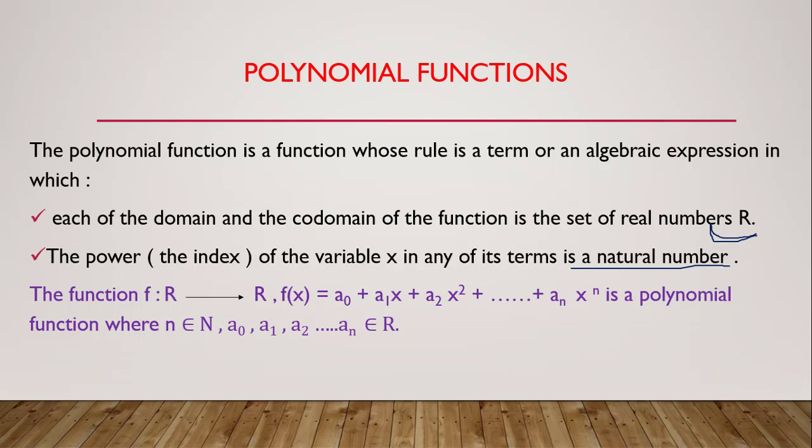We can write it in the form of a0 plus a1x plus a2x power 2 and so on until anx power n. This is a polynomial function. As you can see, n or the power should be a natural number, and a0, a1, a2 until an should be real numbers.